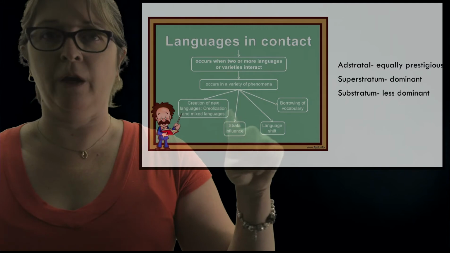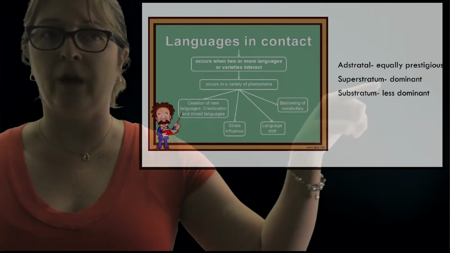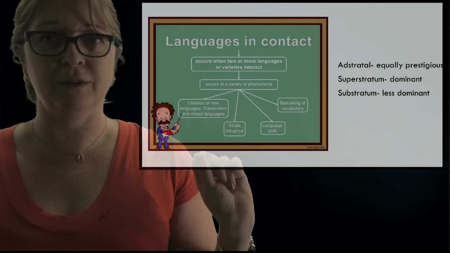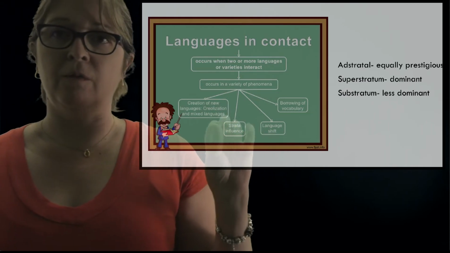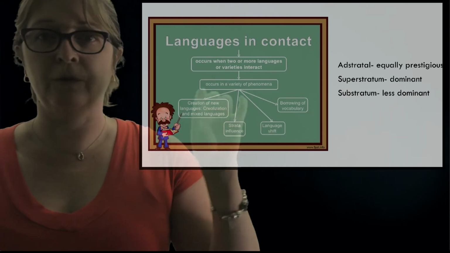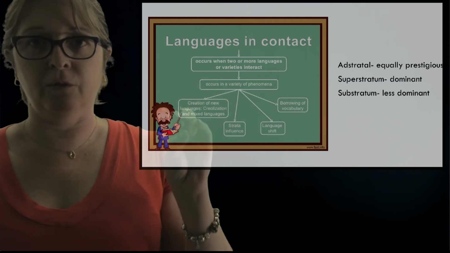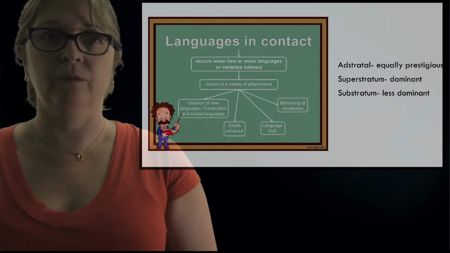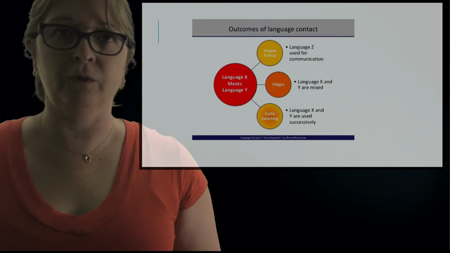You could have strata influence, there again, the strata, stratum. See, those are not English suffixes. Interesting. And from the strata influence, you could also have pidgin, which turns into Creole, or mixed languages. Okay. So that's kind of an overview.